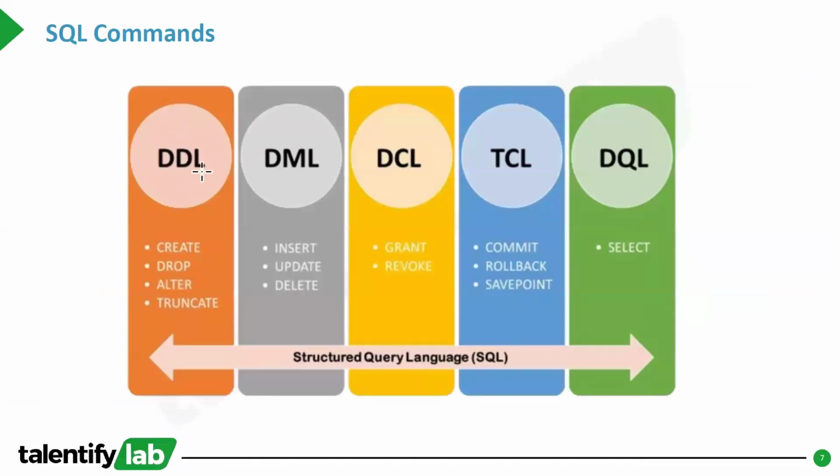Data definition means metadata. Metadata means the data about the data. The data itself, we have the rows, the records, but the columns, the tables, data types, size, those are all data definition.